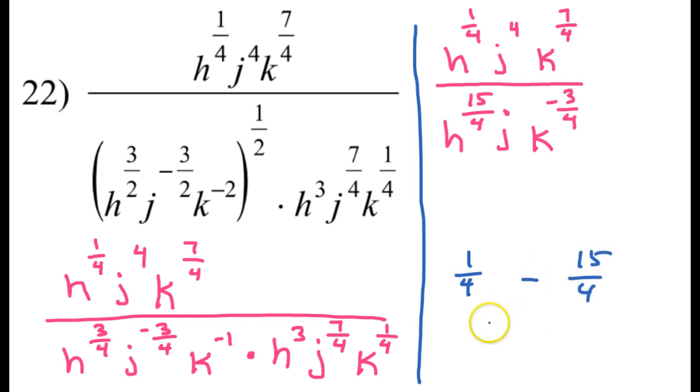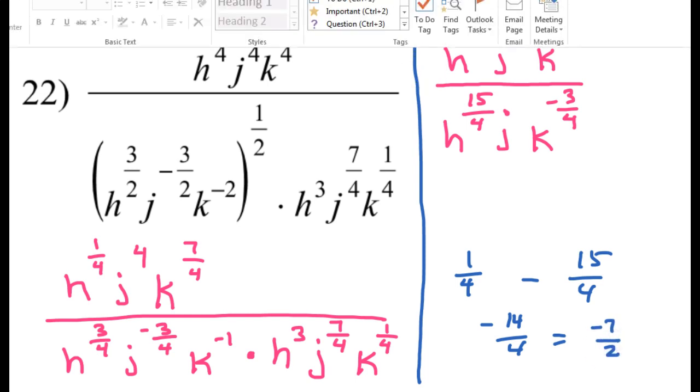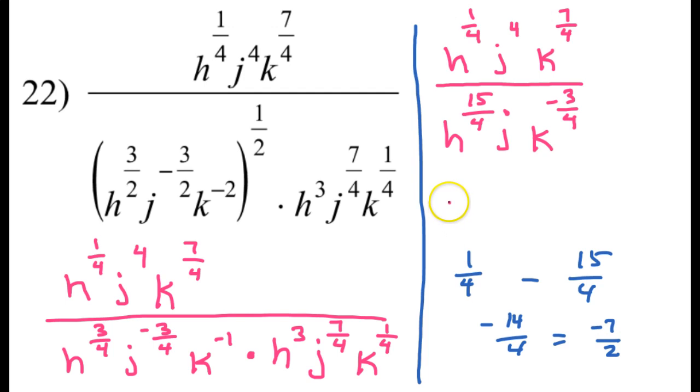So that's going to be negative 14 fourths, which is negative 7 halves. So that gives me h to the negative 7 over 2 power.